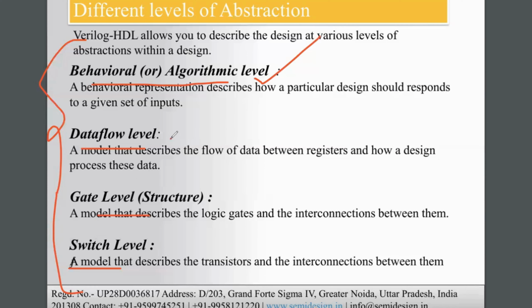If you write the program using the output expression from the truth table, that is the data flow model. From the output expression, you generate the circuit; if you write the program for this circuit netlist, that is gate level modeling. From the circuit, you convert to CMOS; if you write the program using the CMOS circuit netlist, that is switch level modeling. In Verilog HDL, these are the different levels of programming we can do.